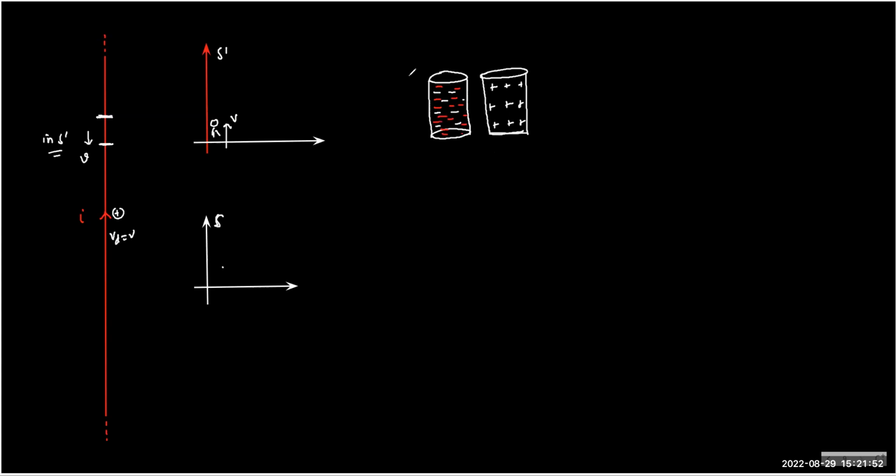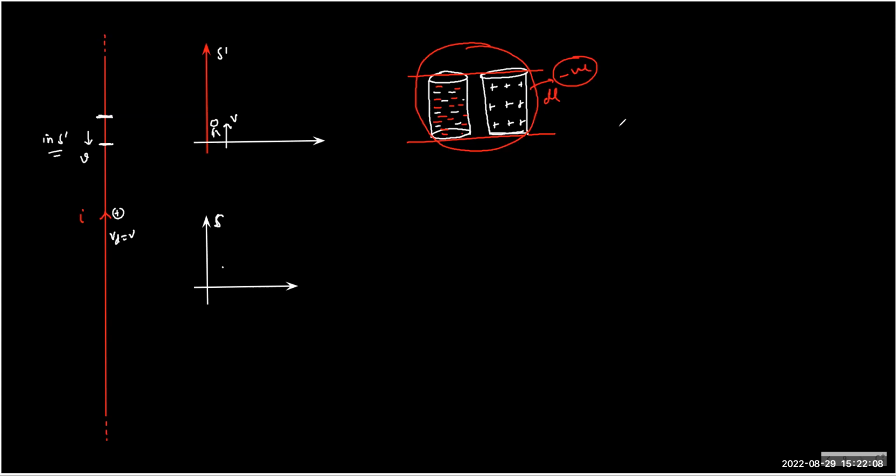So when you see in the S dash frame, the overall charge in the conductor of length dl will appear to be negative. Now the same length will not compensate. Do you realize this?